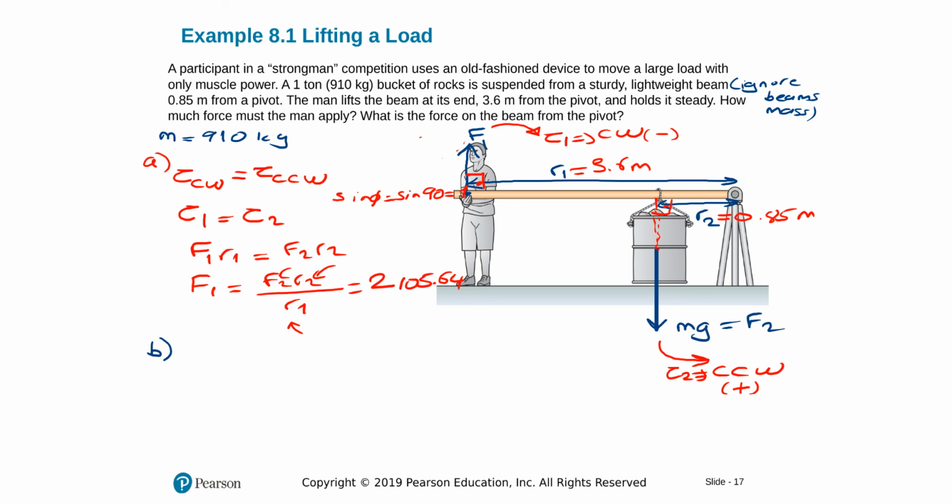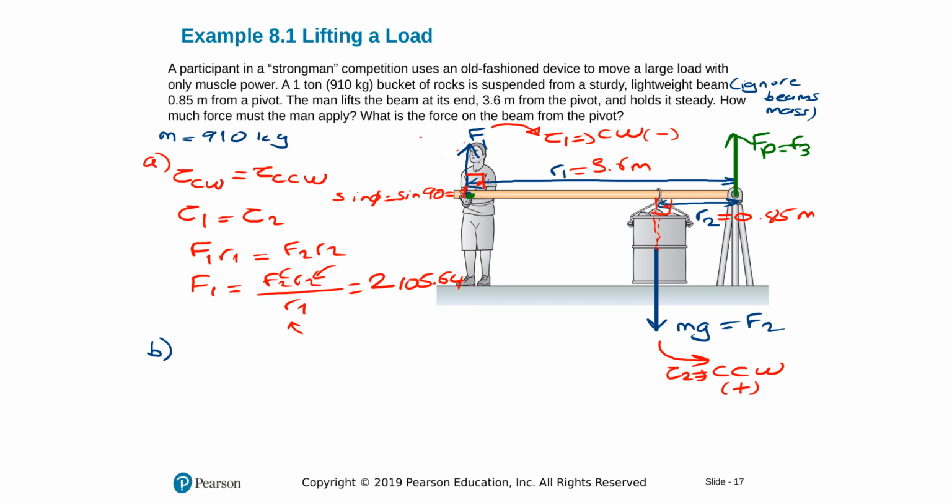Alright, let me draw that better. An upward force. Let's call this F pivot or F3. I could take a new torque equilibrium using this point, the man, as the pivot.